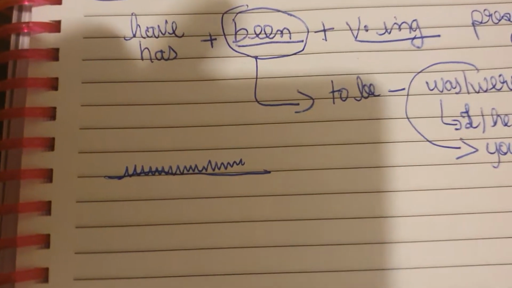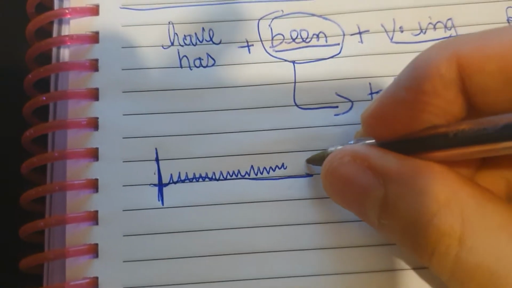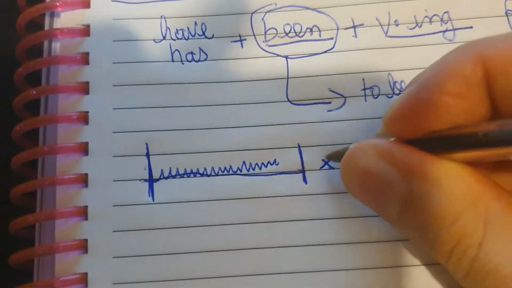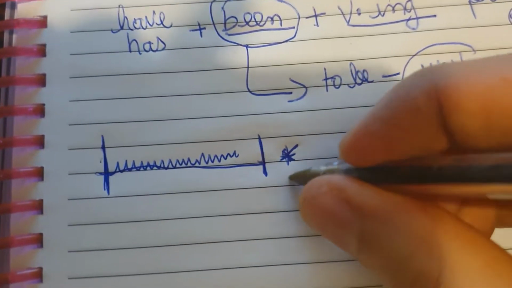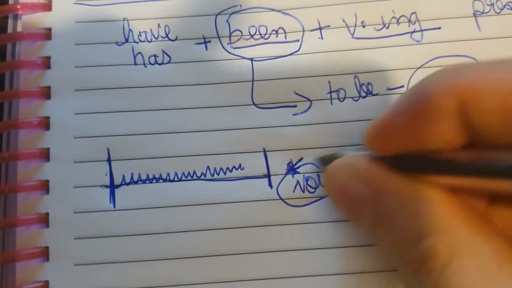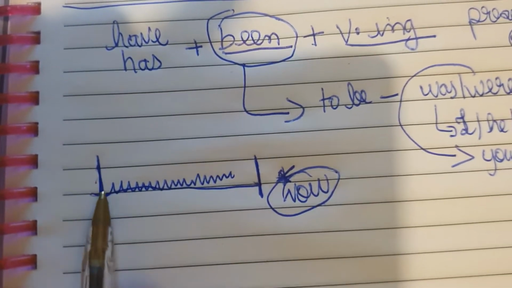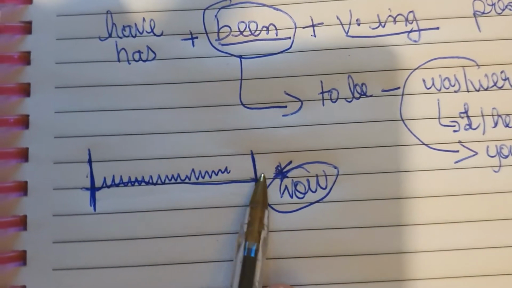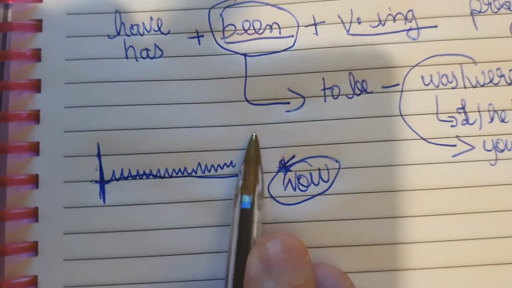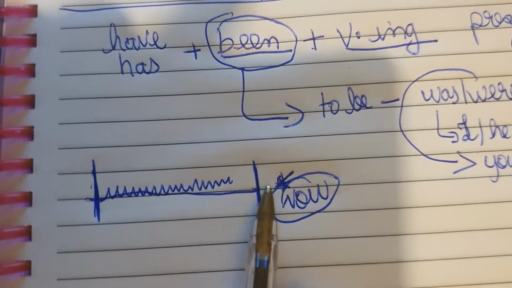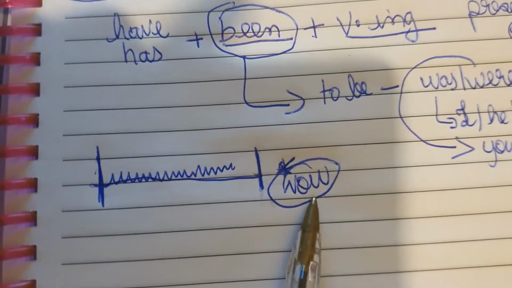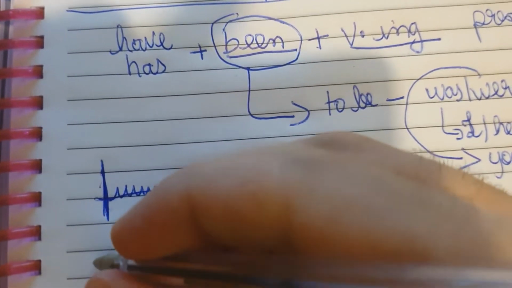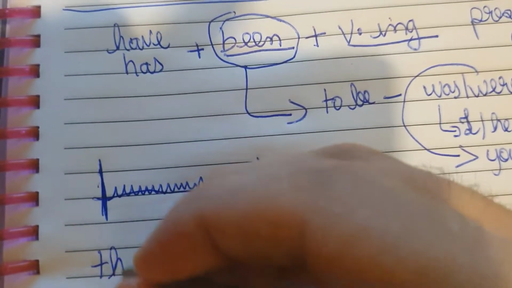But most importantly, it's an action that started in the past and has stopped just recently. We have now, the moment now, and the action started happening and has just stopped, or stopped just some moments before now. Let's understand.